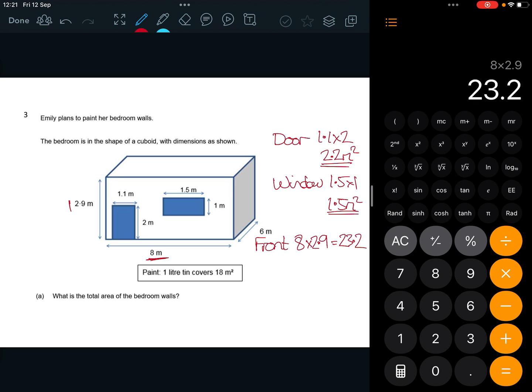Now the back's going to be the exact same size, and you don't need to actually show the working with this one. You just go the back, 23.2. You've got the left side, and the left side is going to be 6 times 2.9, and that is equal to 17.4, and the right side is going to be the exact same.